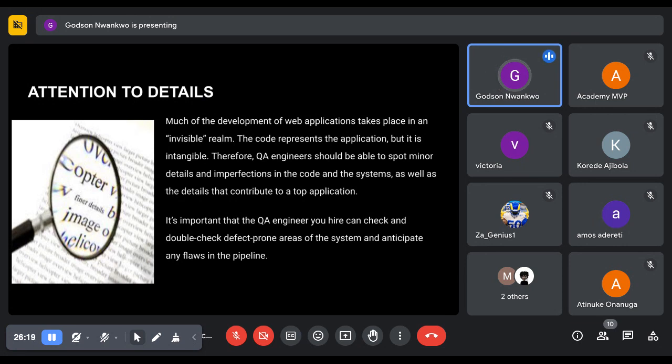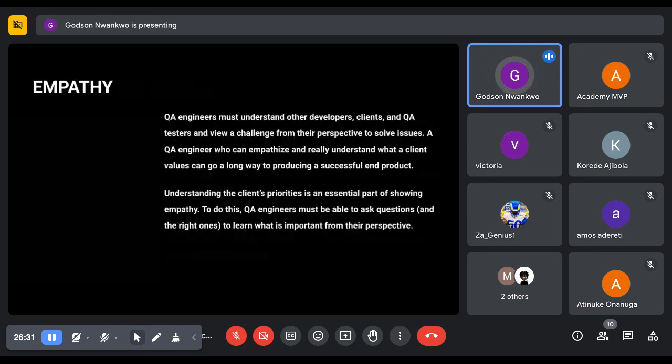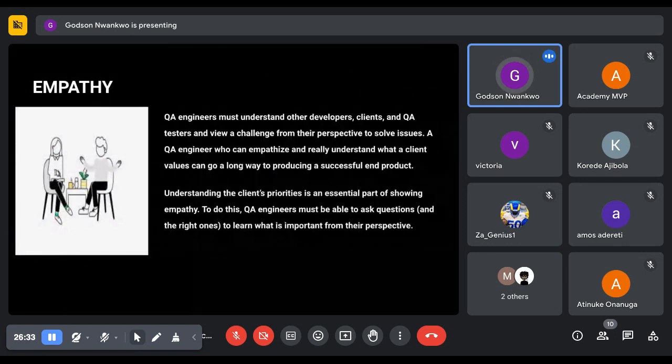Aside from paying attention to details, another skill that is expedient to look out for in a QA engineer is empathy.